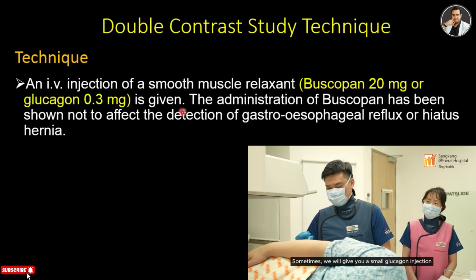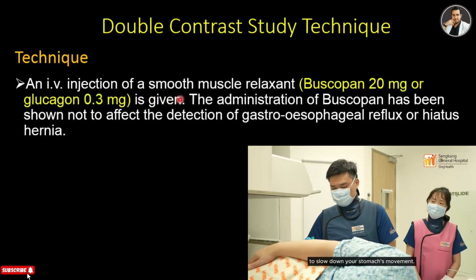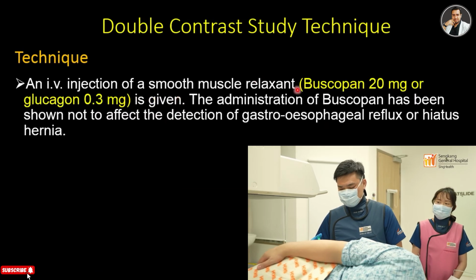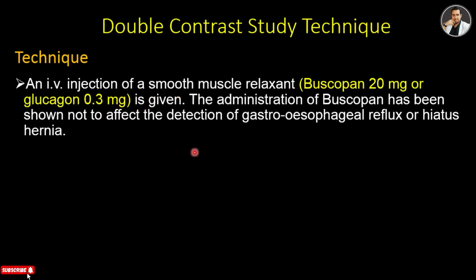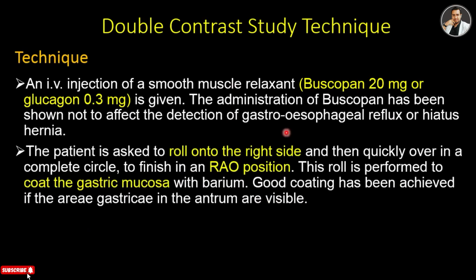And now give an IV injection of a smooth muscle relaxant like buscopan or glucagon. So it will decrease the function of the stomach and decrease the peristalsis movement. And ask the patient to roll onto the right side and then quickly over in a complete circle, to finish in a right anterior oblique position.